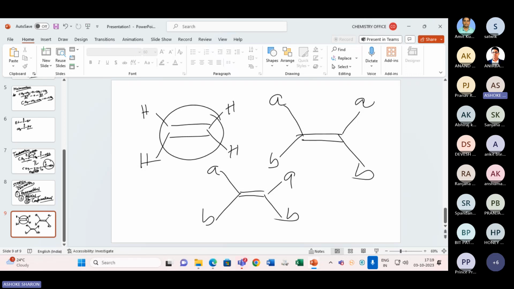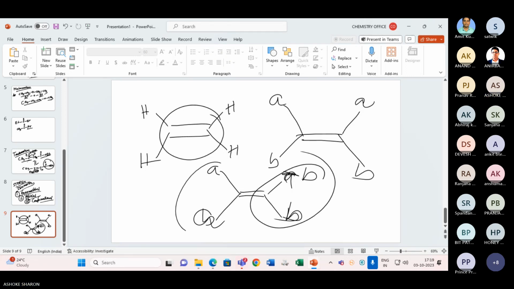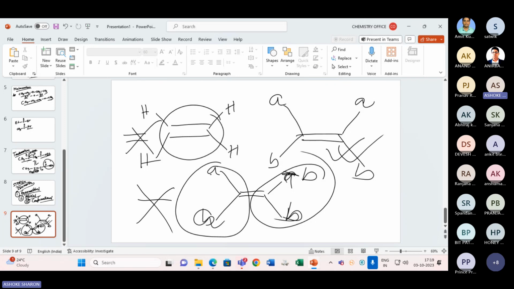Sorry, I wrote it wrong; this is AB, AB. If you get AB like this, then your substitution is different. But if on a particular carbon the two substituents are the same, that will not give you geometrical isomerism. Only this one will give geometrical isomerism.